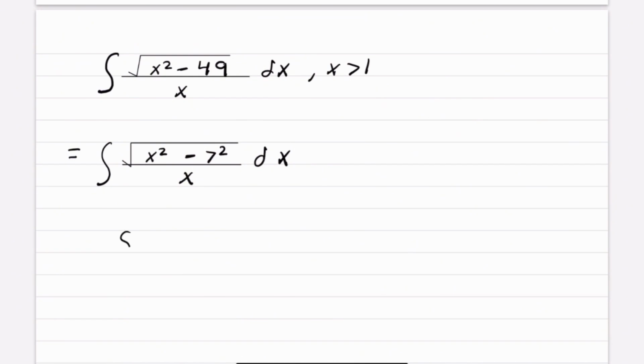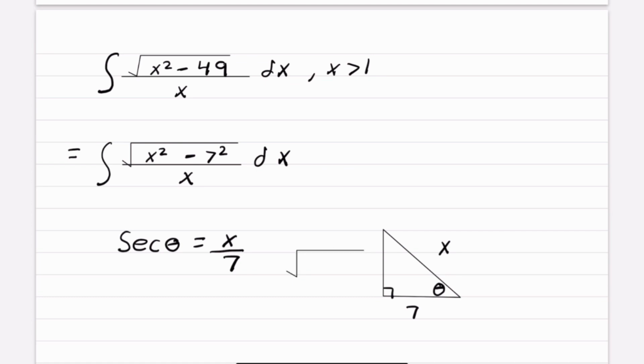Now, identifying my triangle and my trig equation, we see that this is the secant trig substitution. So we're going to use secant theta is equal to x over 7, and my triangle will be as follows. So here I know that x is the hypotenuse and 7 is the adjacent side, and the opposite side will be the square root of x squared minus 49.